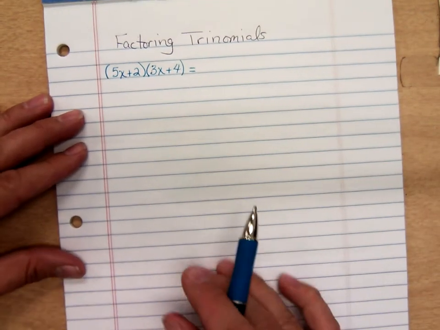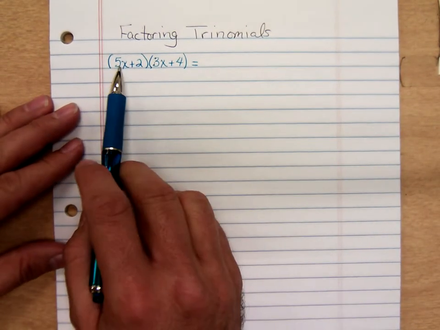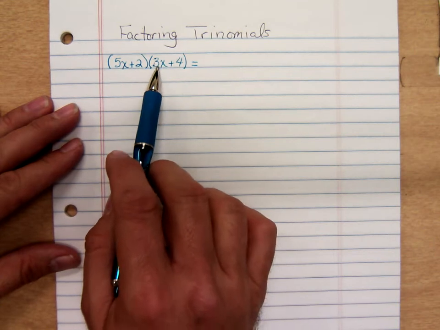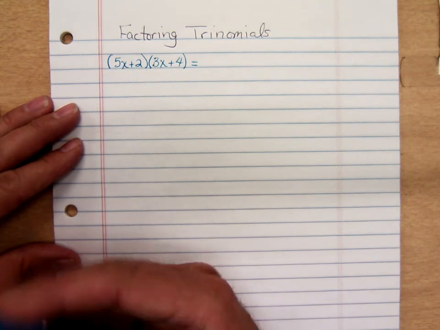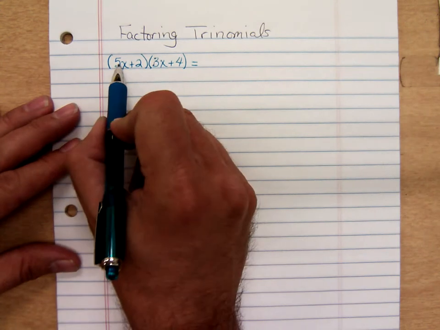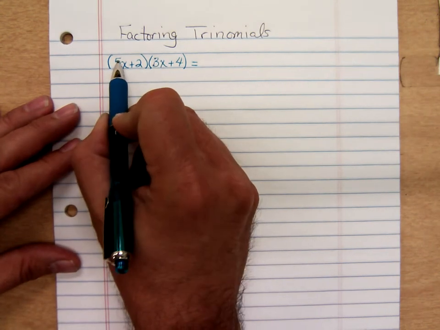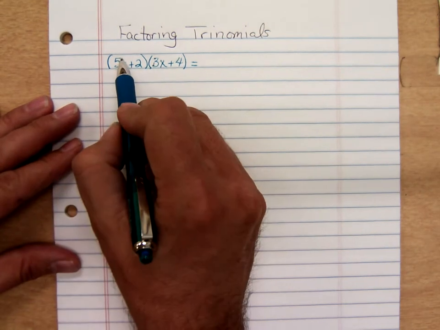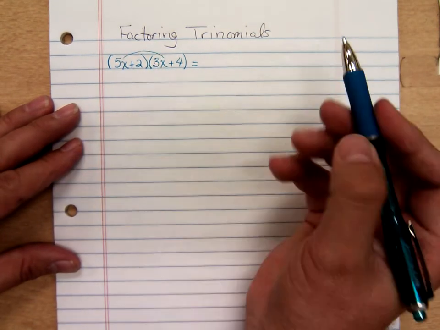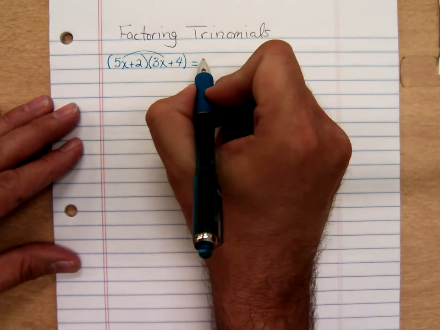To multiply binomials that have two terms, 1, 2, 1, 2. Terms are separated with pluses and minuses. So let's see. Multiplying first, outer, inner, last. When I multiply these first two terms, I get 5x times 3x.